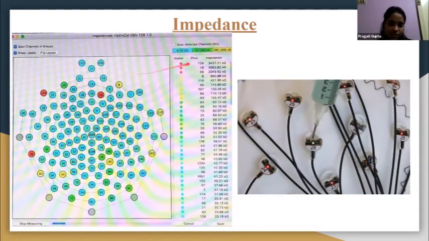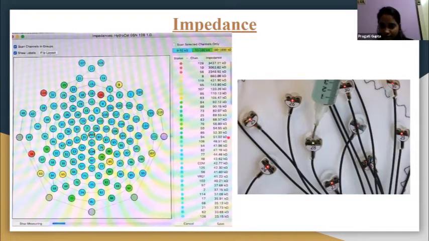For example, in the blue, 0 to 50 kilo ohms is assigned as good, low impedance. So most of the regions have good contact with the scalp. This way we identify how good the contact is, so that we don't have a large amount of artifacts and noise in our data later for processing and understanding the signals.